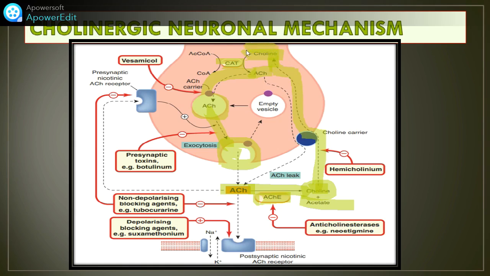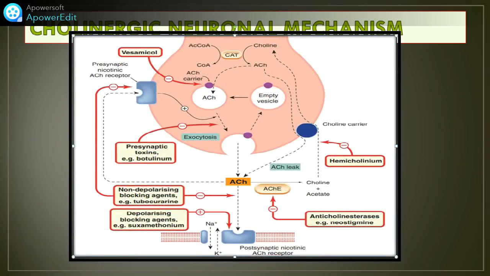to form ACH. So when the nerve impulse stimulates the neuron, the ACH is released in the synaptic cleft here and it stimulates the postganglionic as well as preganglionic receptors and produces the response.